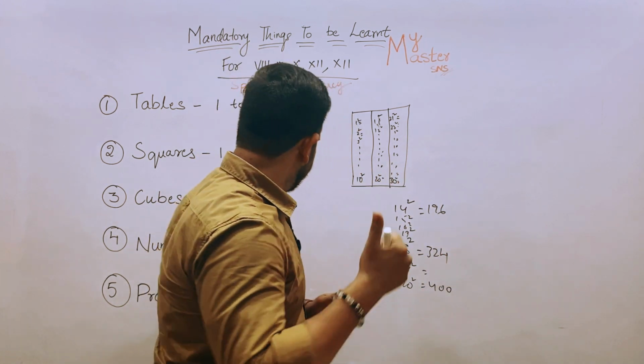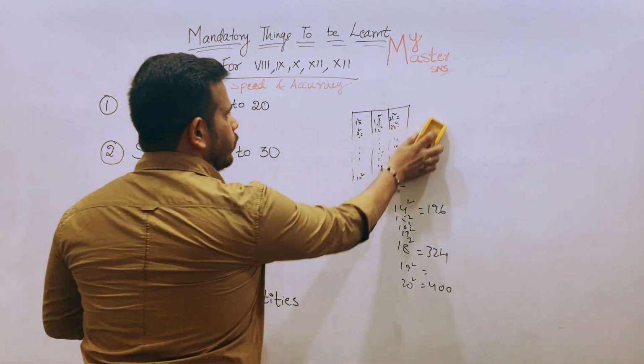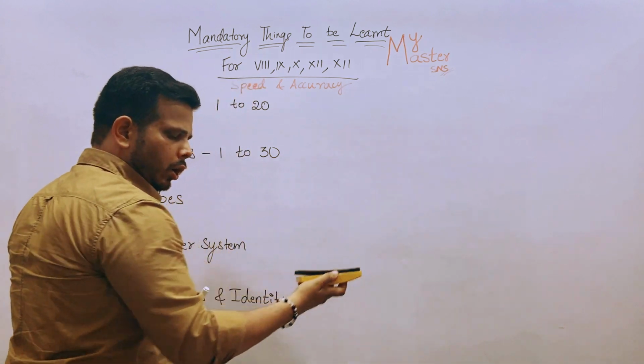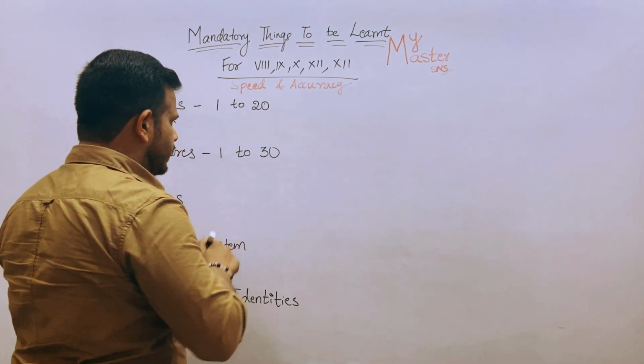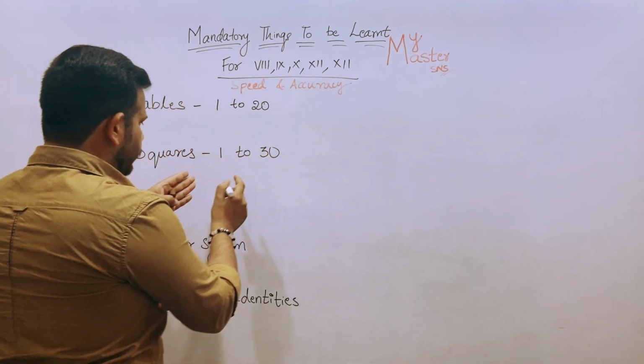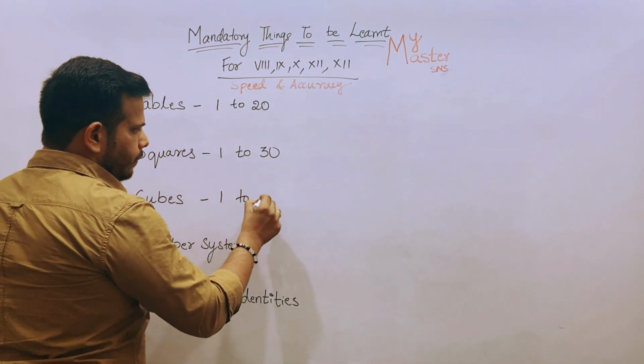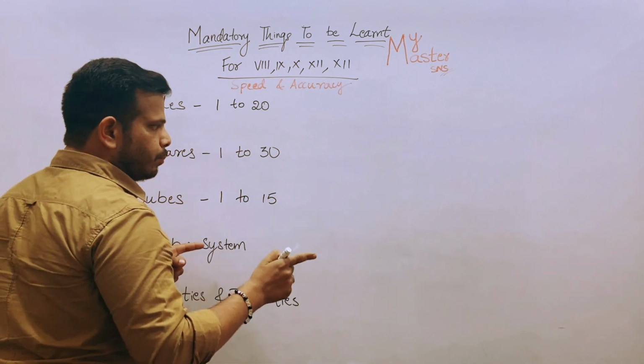Okay, cool, fine. So let's go with the third one, cubes. Already you are perfect with the 1 to 15 squares. Just multiply with one more number. So 1 to 15 cubes are important.